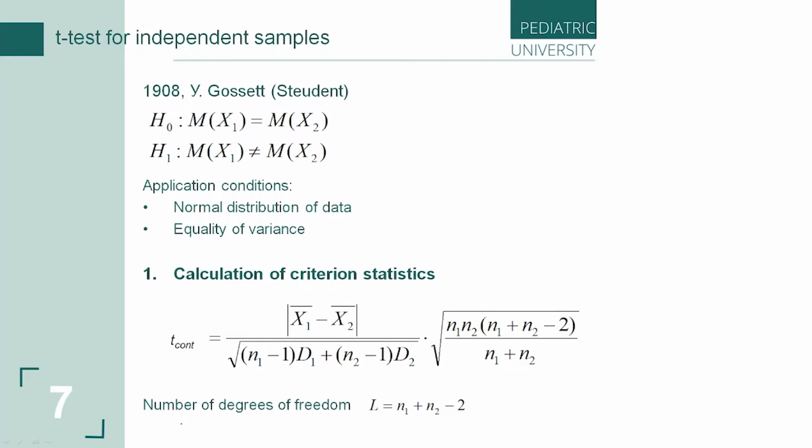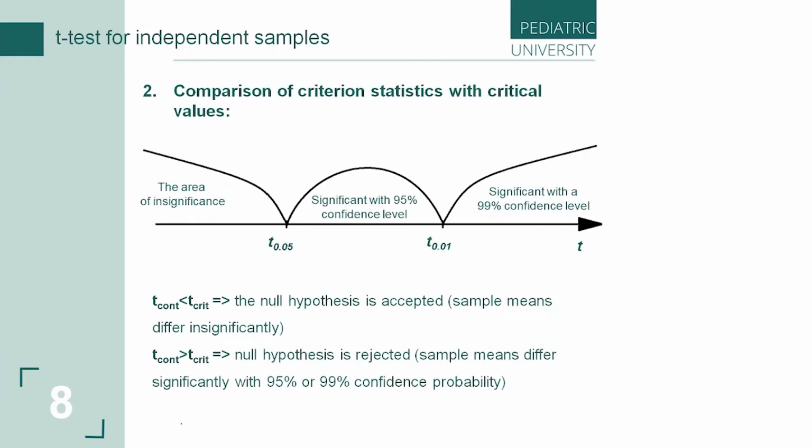What is next? After we have calculated the criterion statistic, we have to see where it is on our axis, like in the previous example. We look at the critical values from the table; they depend on the sample size and the number of degrees of freedom.